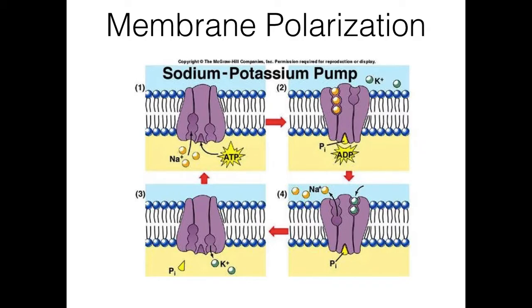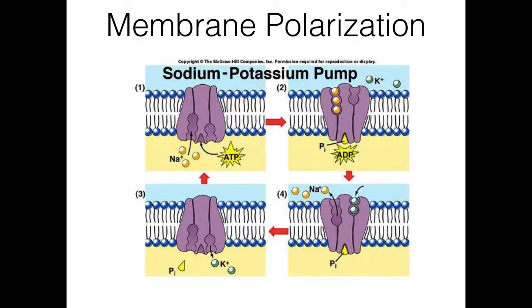If you'll recall from early on in the class, we talked about symporters and antiporters and primary versus secondary active transport. Well, pretty much every cell in the body has proteins in it called sodium-potassium pumps.